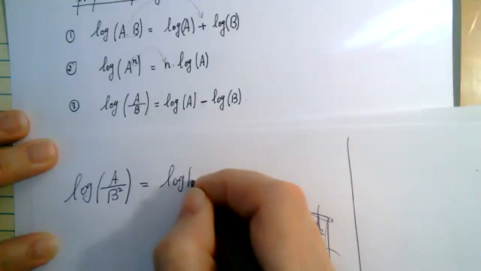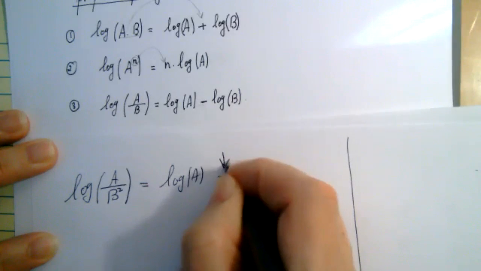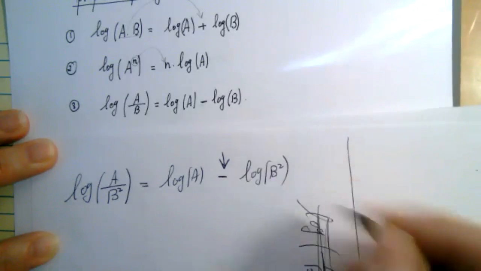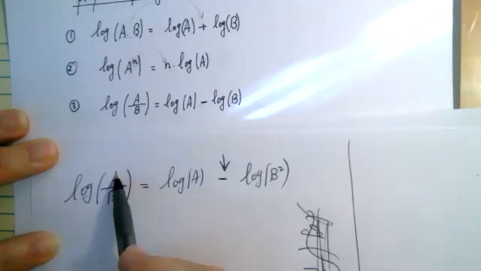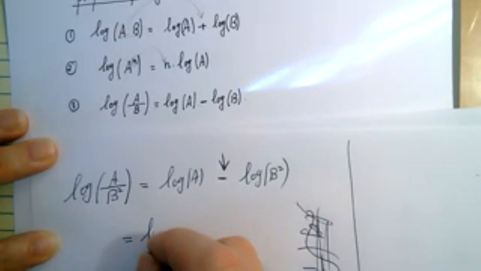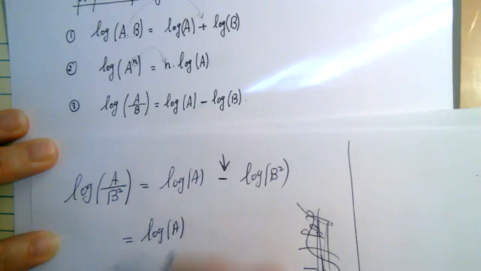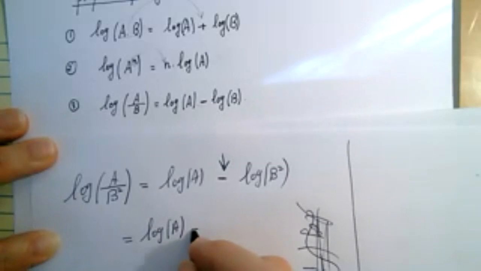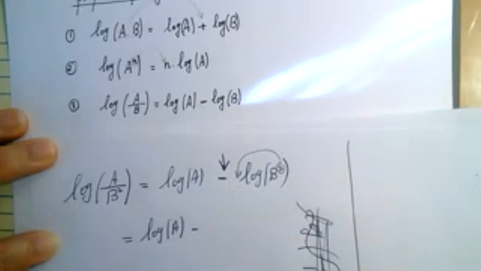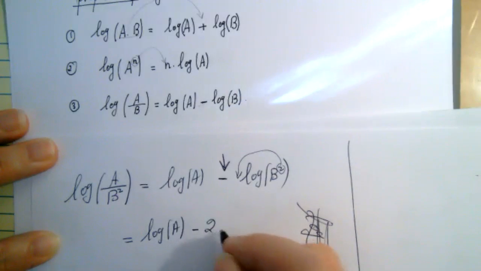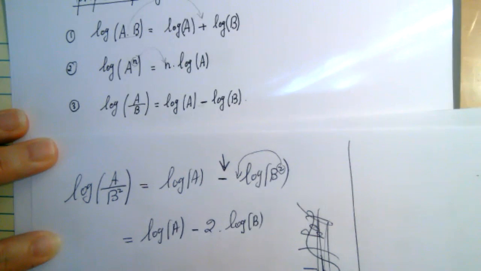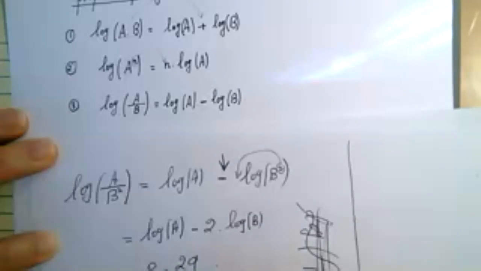So it's going to be the log of the numerator minus the log of the denominator, which gives me the log of A minus. Now I'm going to use property 2, and the power will come down here. 2 times the log of B. And it gives me P minus 2Q.